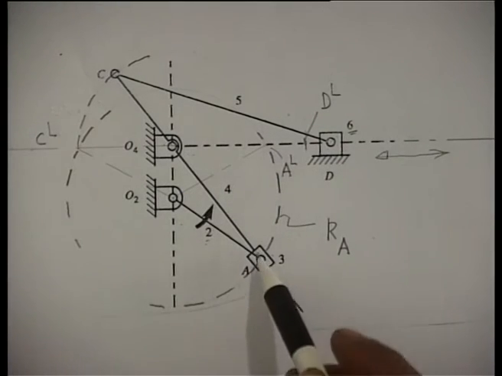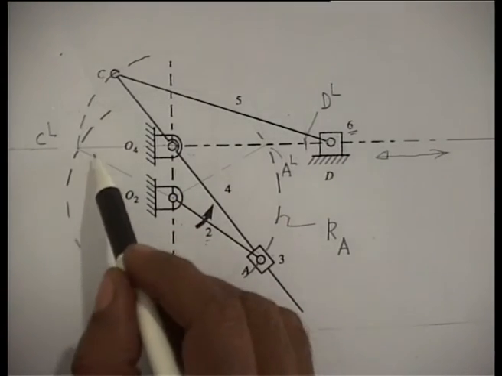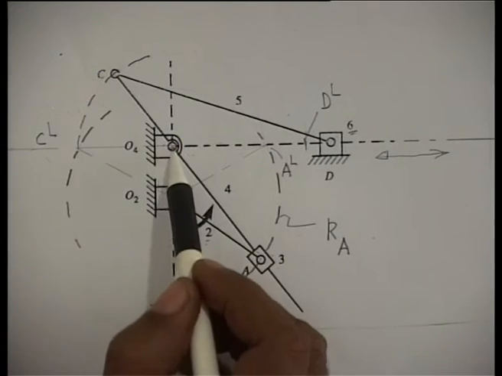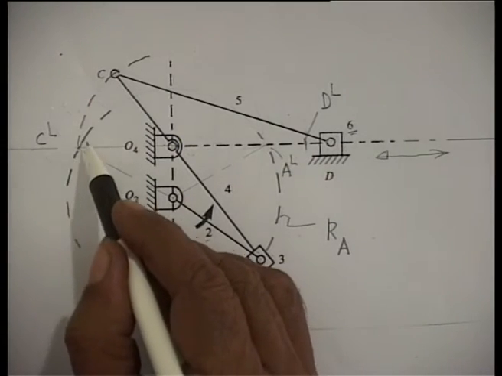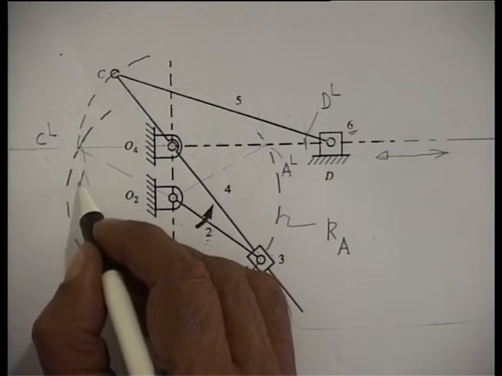Exactly the same way, when the point A occupies this point, which is the intersection of Ka and the line of reciprocation of the tool through O4, let me call this point of intersection as AR.